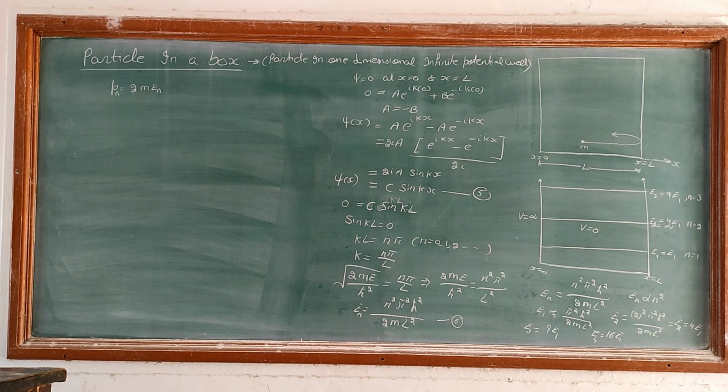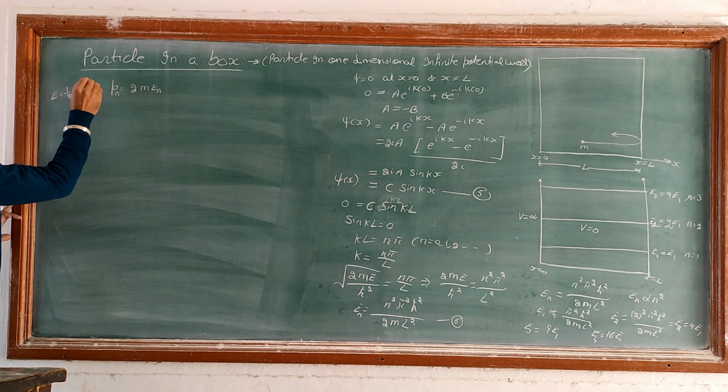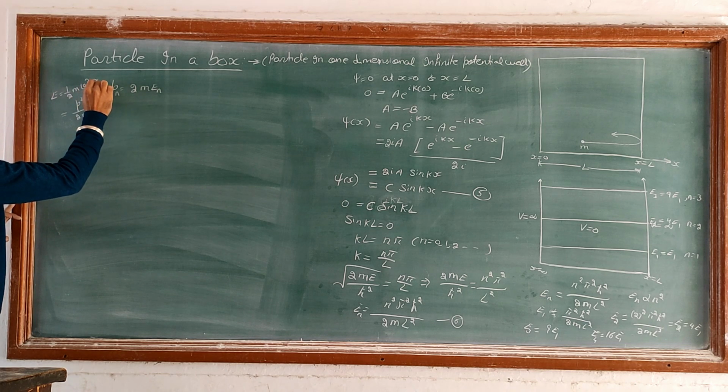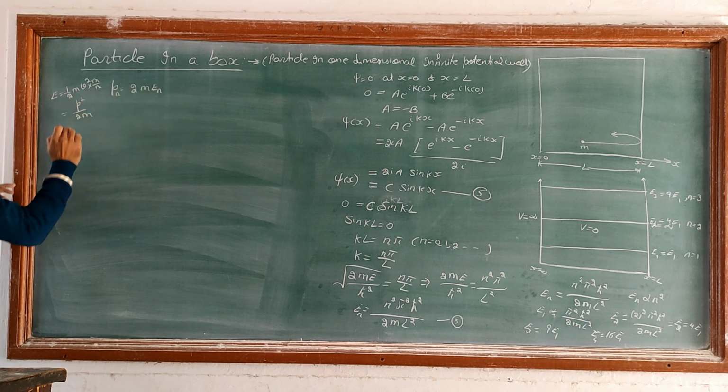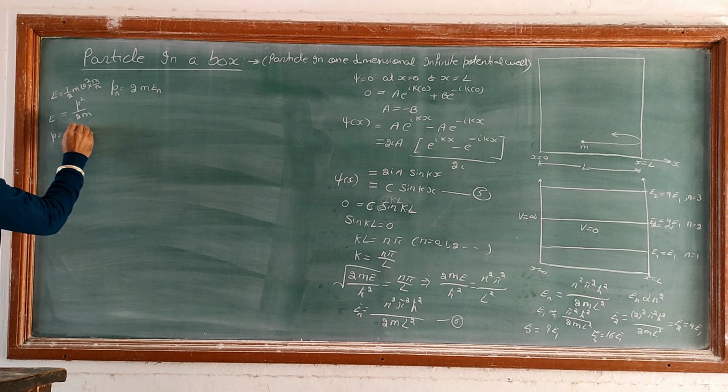So how do I write this? E is equal to half mv square, if you know your classical mechanics. Quantum mechanically we are interested in P square upon 2m, so I multiplied and divided by m. So it is m square v square, m into v is momentum, so P square upon 2m. So from here P is equal to square root of 2mE.